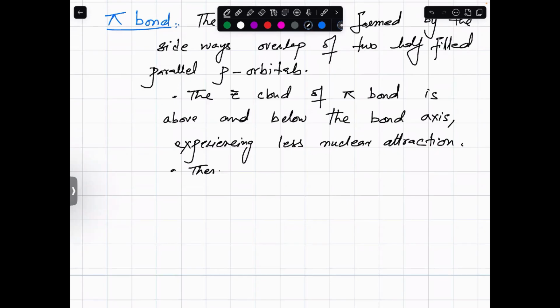Therefore, pi bond is weaker than sigma bond. The pi bond is weaker than sigma bond.